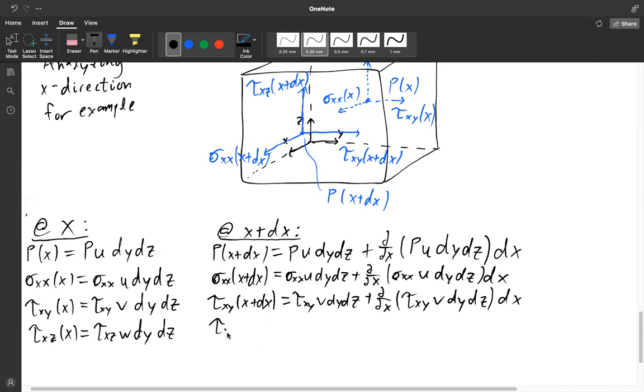Then lastly, we have tau xz at x plus dx, which equals tau xz w dy dz plus partial x of tau xz w dy dz times dx.